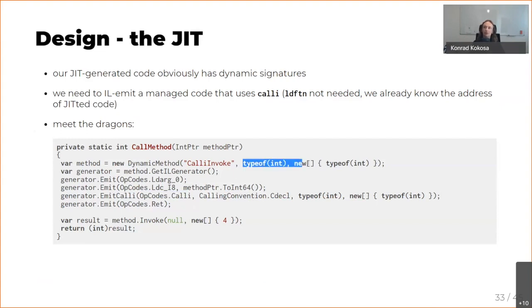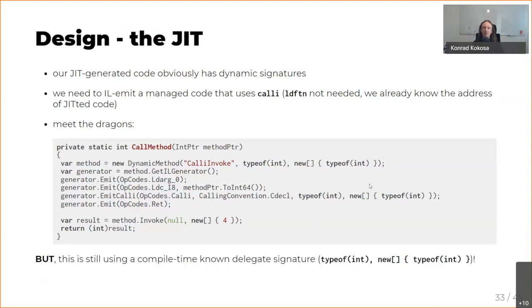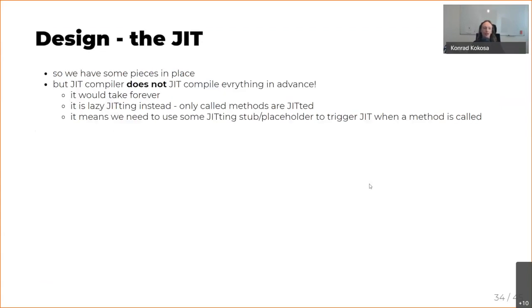Still with strongly typed signatures, so this method is the first iteration. The second one, which looks much scarier, is using dynamically created signatures, but I will not show you that, not to scare you totally. But believe me, I'm able to IL emit code that will call a given method with a dynamic signature. So we have almost all these pieces in place.